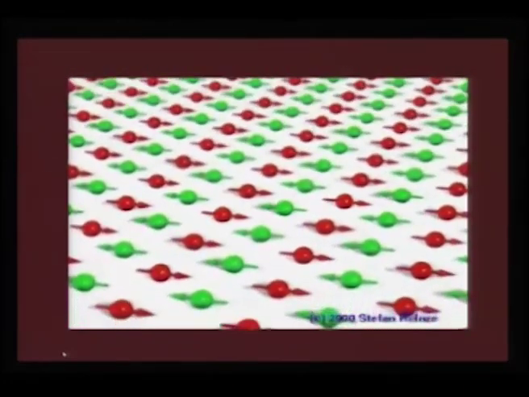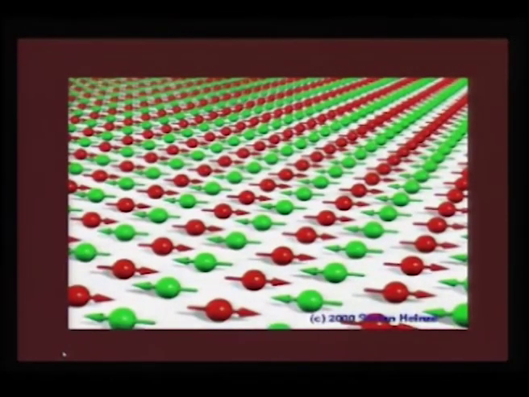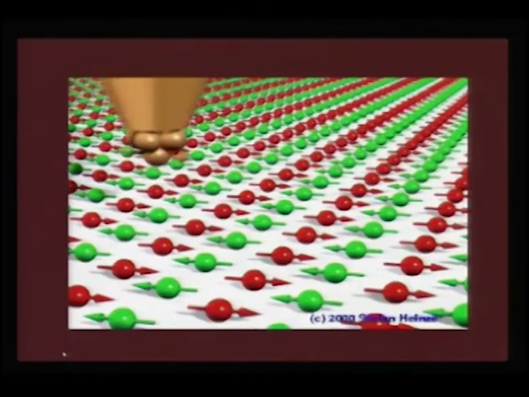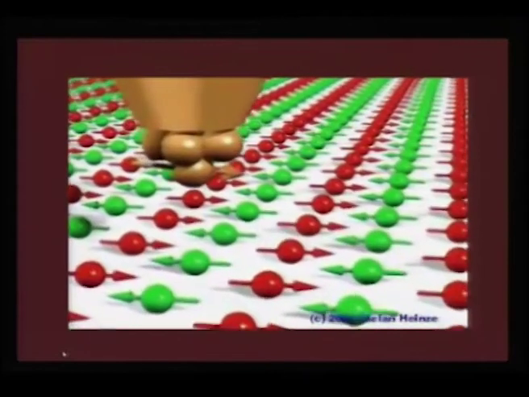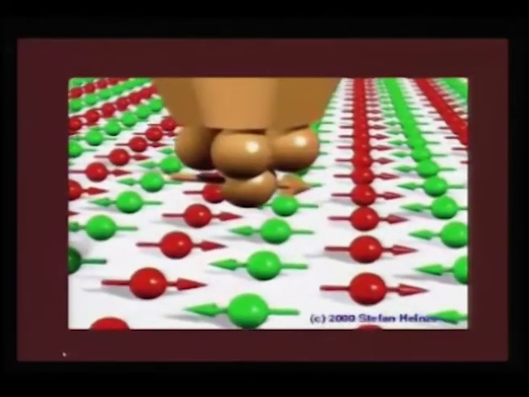Lastly, I just want to cover one animation. This is another improved SPM probe, which is called spin polarized scanning tunneling microscopy, where the tip you can see has a magnetic tip.